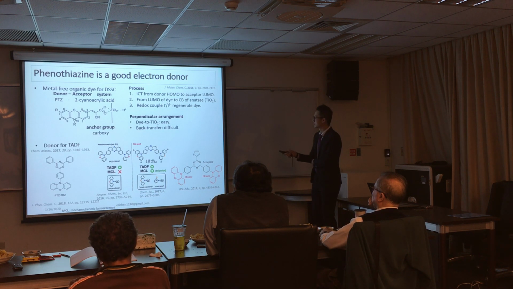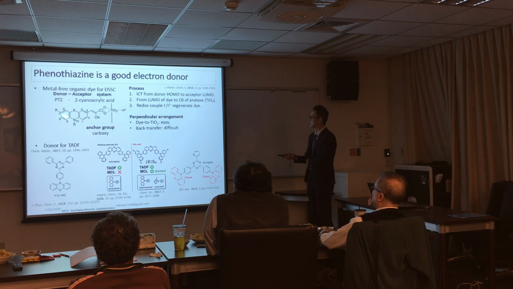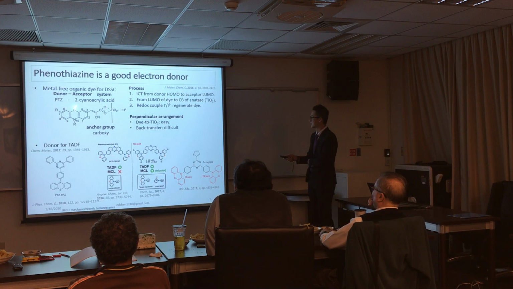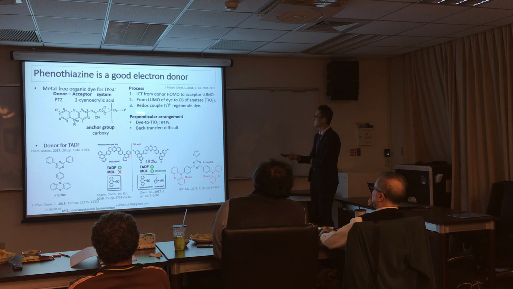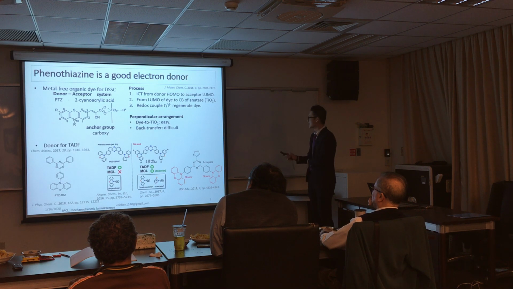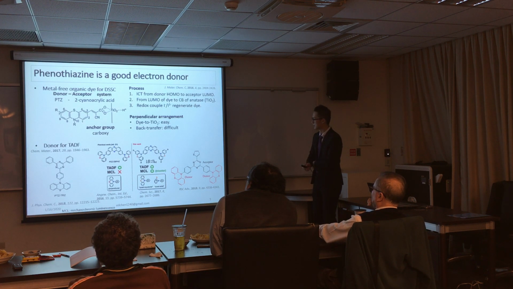The electron will be excited from the HOMO of phenothiazine to the LUMO of the acceptor over here. From the LUMO of the acceptor of the dye, the electron will be passed on to the conduction band of titanium oxide and go to the outer circuit. On the other hand, the oxidized donor will be reduced back by the iodide/triiodide redox couple.